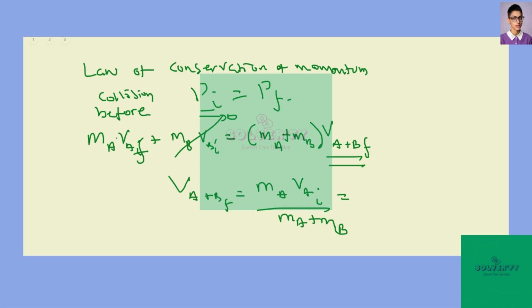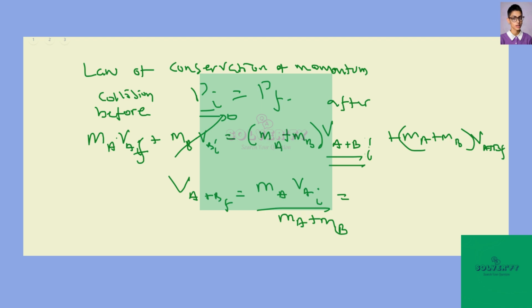We have the final velocity of A and the initial velocity of B. And then this is after the collision when they stick together. So this should be initial, like this. The initial of A and B, yes. So this is the initial of A and B plus the final of A and B. Yes. So this is how we have it.